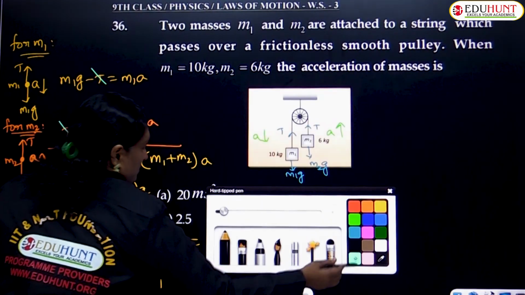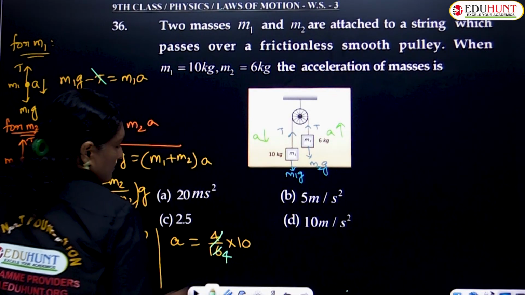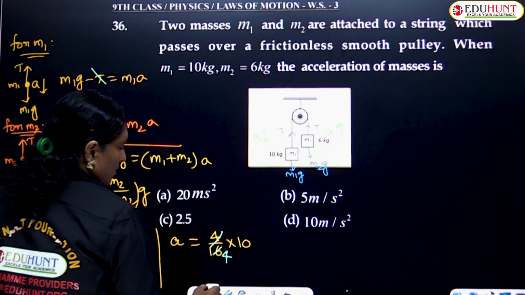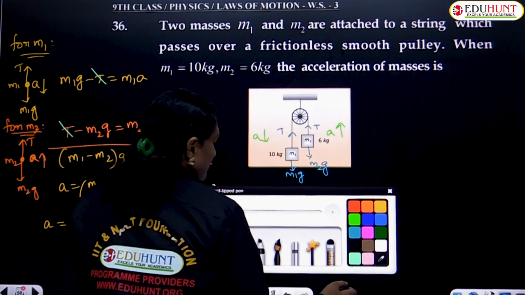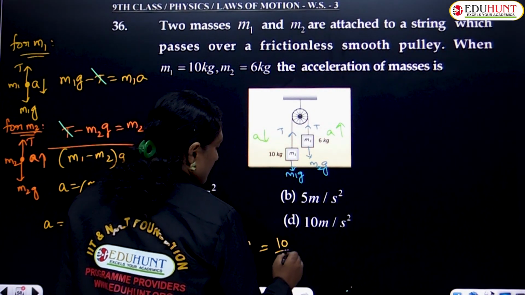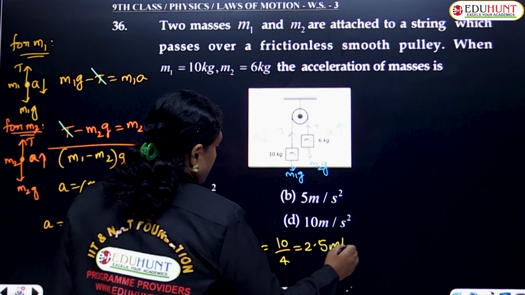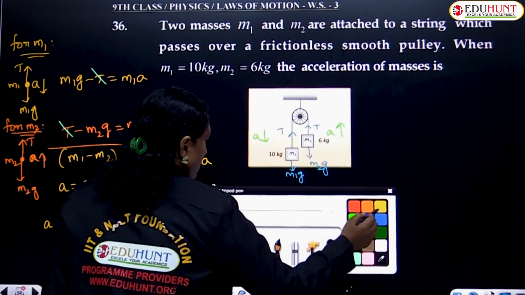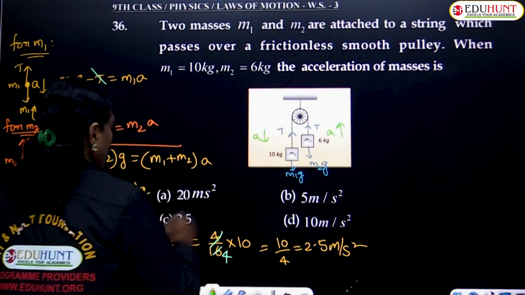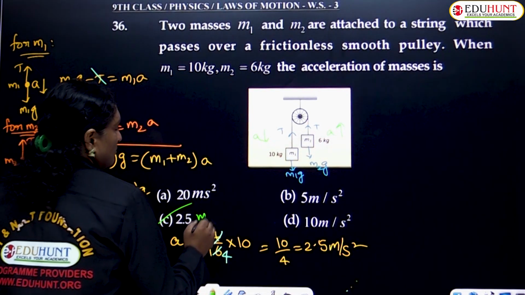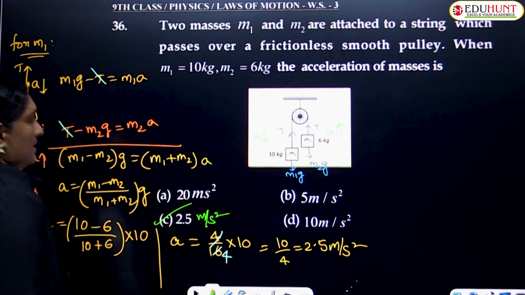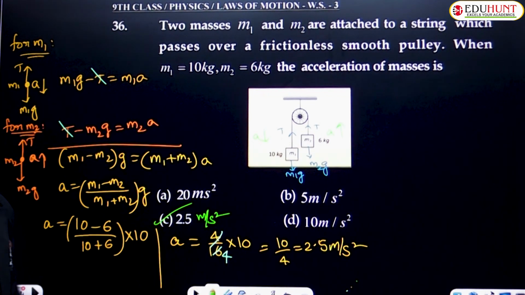So this 4 goes 4 times, 4 4 16. So 10 upon 4. The value of 10 upon 4 is found to be 2.5 meter per second square. Hence the correct option must be option number C, that is 2.5 meter per second square.